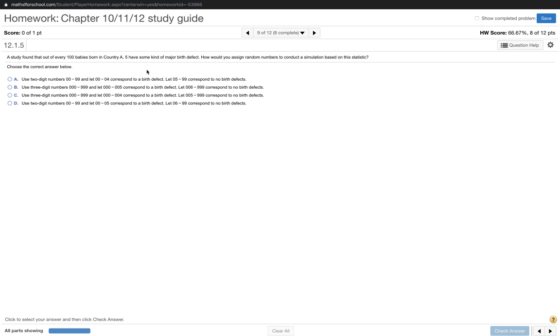So 5% have a birth defect, 95% don't. We're not going to use 3-digit numbers. We're going to use 2-digit numbers because of 100. So that takes out B and C. So the question is, which one represents 5 out of 100?